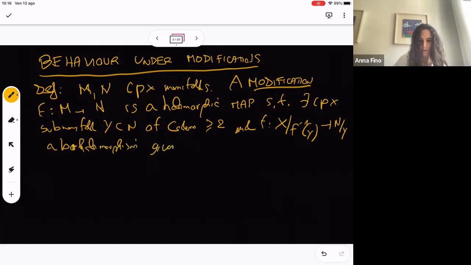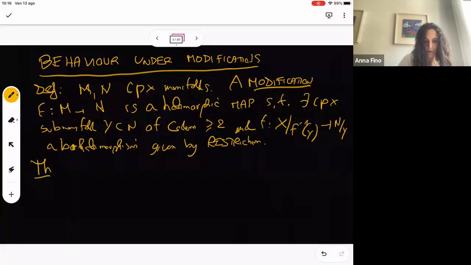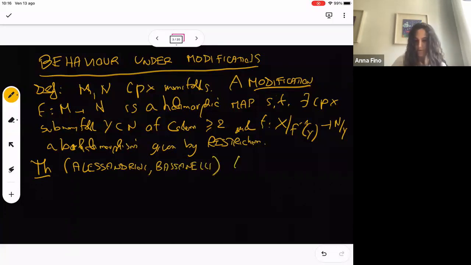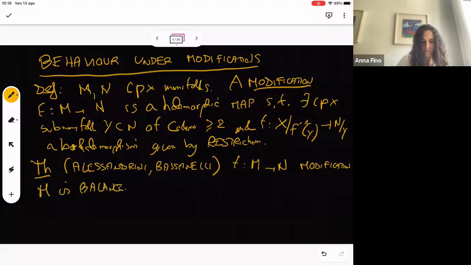Holomorphism given by restriction. Okay, so outside Y you have essentially a biholomorphism, and what is nice here is that there is a nice theorem due to Alessandrini and Bassanelli that shows that if you have a modification in the sense that I wrote before, and M and N are complex manifolds, then M is balanced if and only if N is balanced.